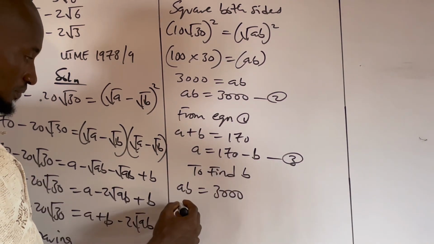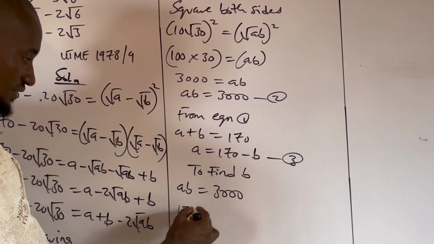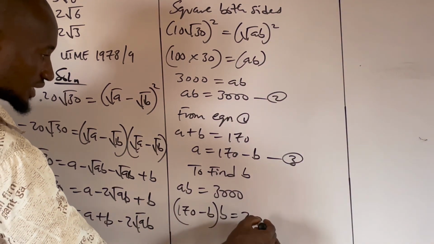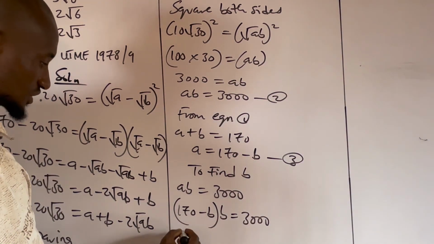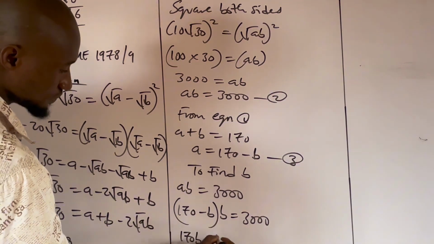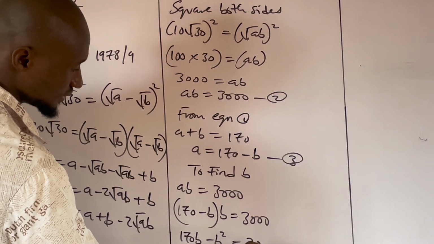So this will become 170 minus B, then B equal to 3,000. B times 170 will give us 170B. B times minus B will give us minus B squared equal to 3,000.